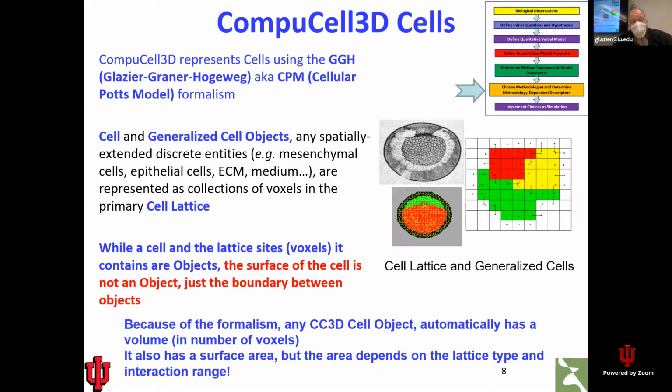Again, there's a bit more or less historical reason for this. If you have cells that are very large, the parallelization algorithms that CompuCell uses have some difficulty. And by making medium a null object, that means you can't attach properties to it, which can be a little bit annoying. On the other hand, it also makes parallelization of the software a lot easier.